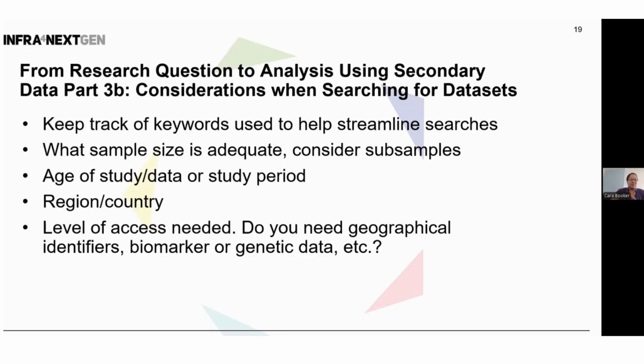Do you need things like biomarker data or genetic data? And if so, then you're going to need to think about what kinds of applications you might need to put in. If you're a PhD student, most applications that require higher level access are going to need input by your supervisor. So you need to talk with them about what they need to do for the application.